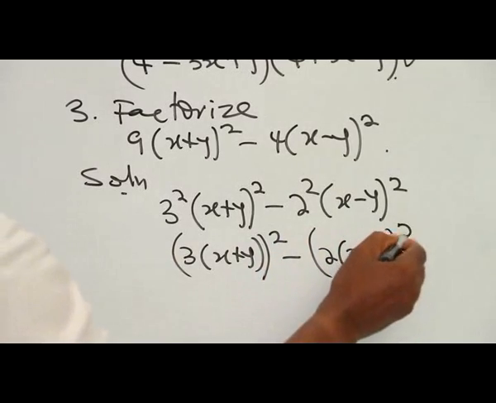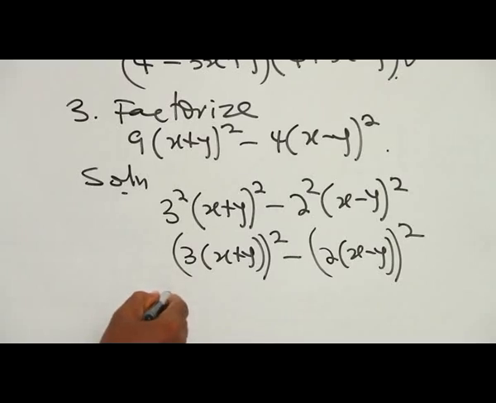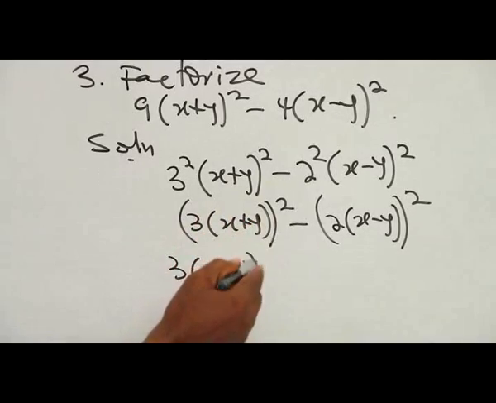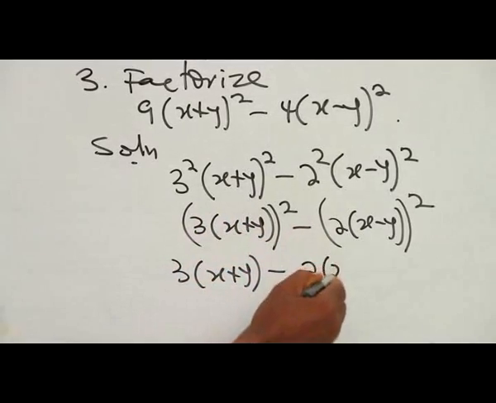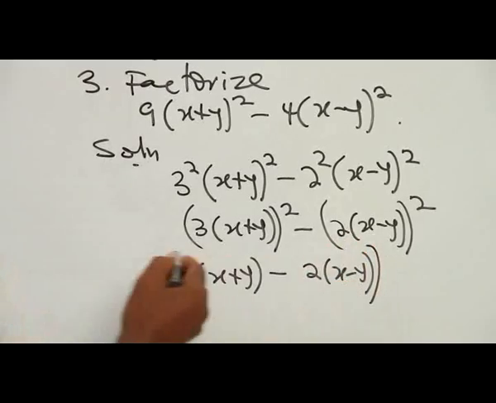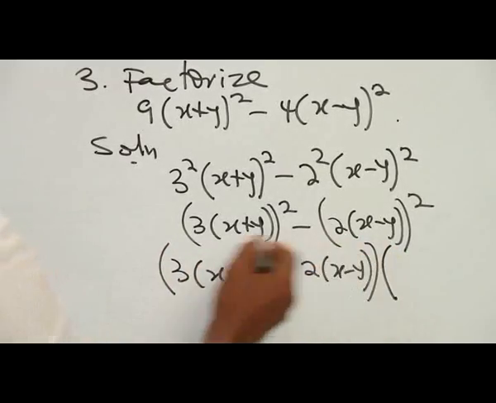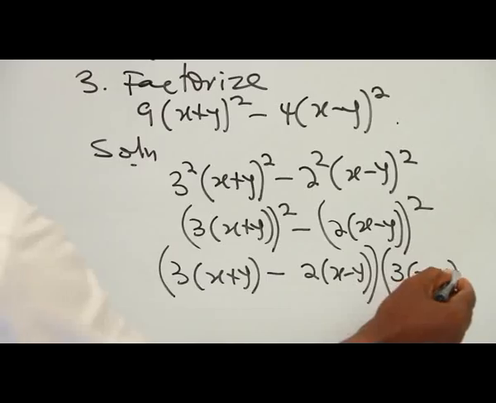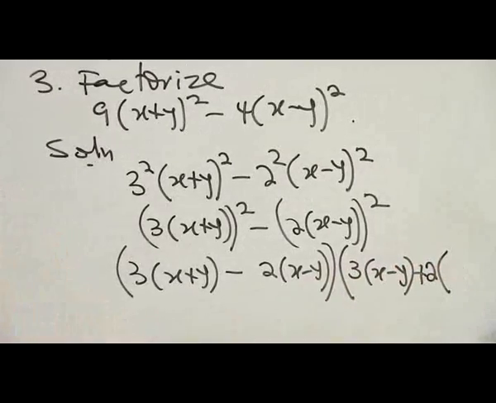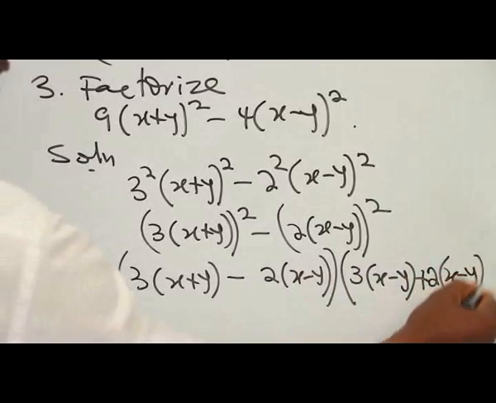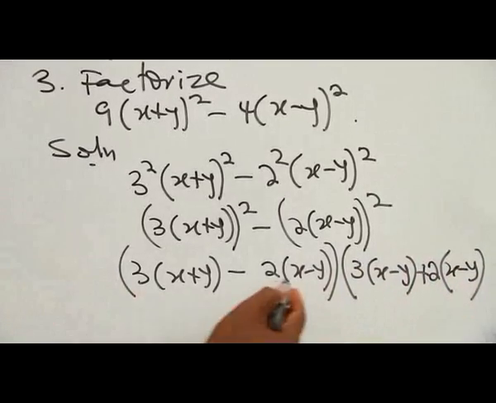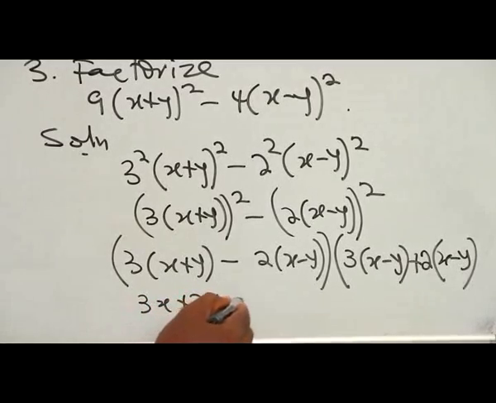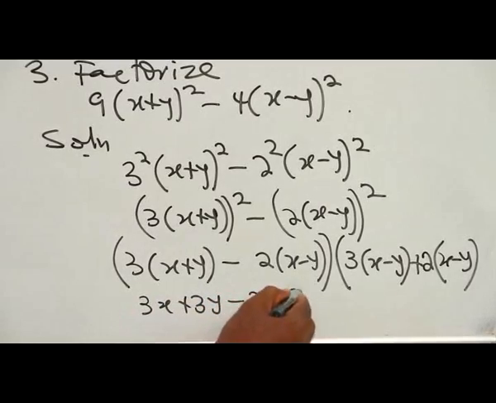Everything here also squared. Applying the difference of two squares, you now have 3 into s plus y, which is the a now, minus your 2 into s minus y. We close this, and this will be multiplied by the same 3 into s minus y, and then plus 2 into s minus y. We close that. So when we simplify the brackets, you have here 3s plus 3y minus 2s plus 2y.